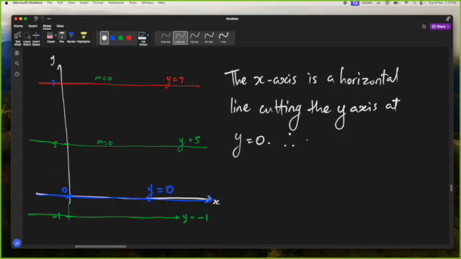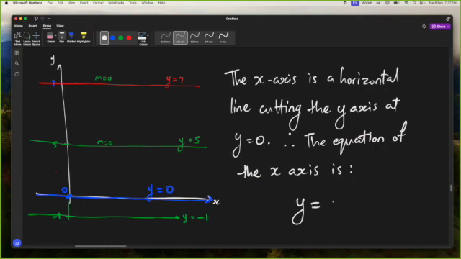Therefore, the equation of the x-axis is y is equal to 0.